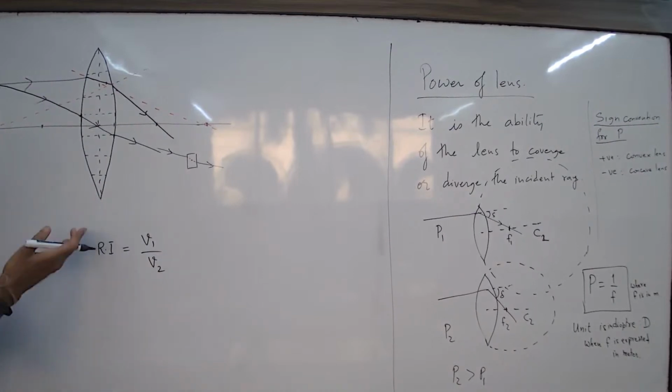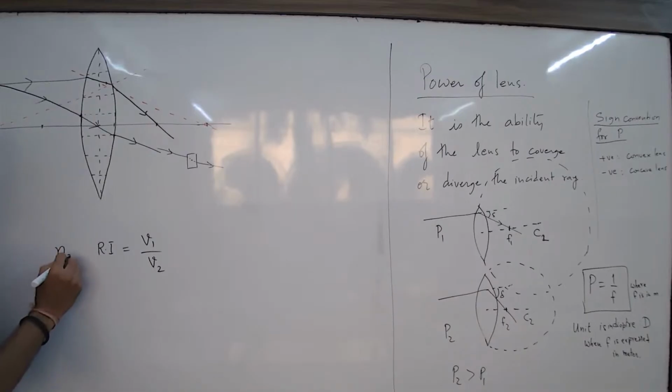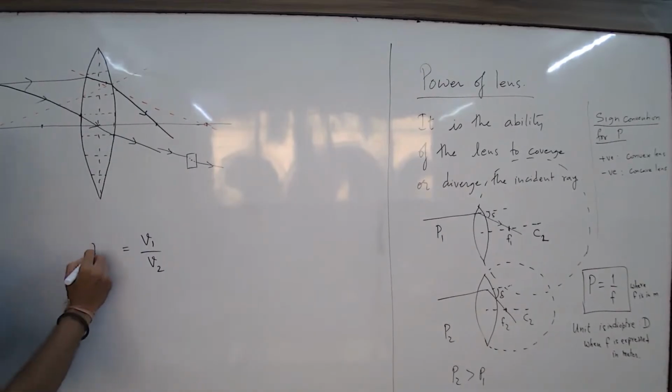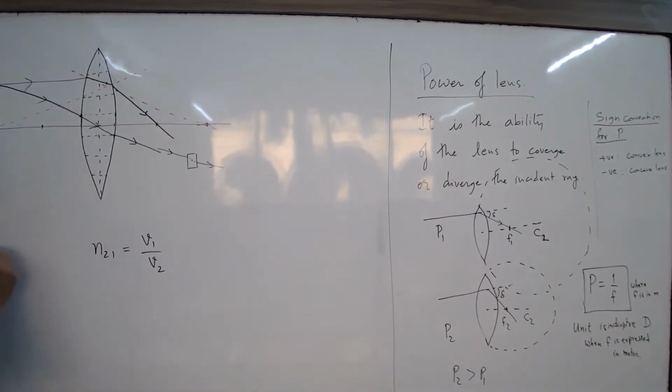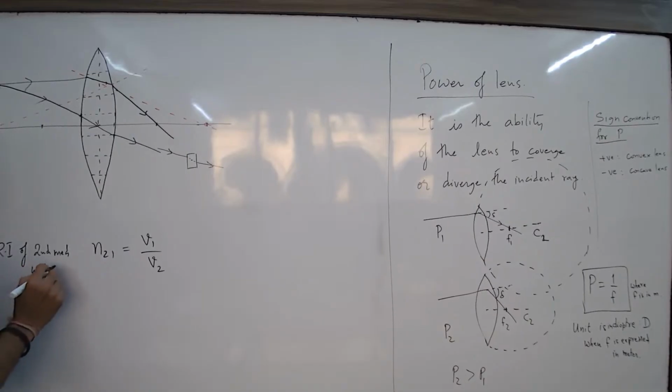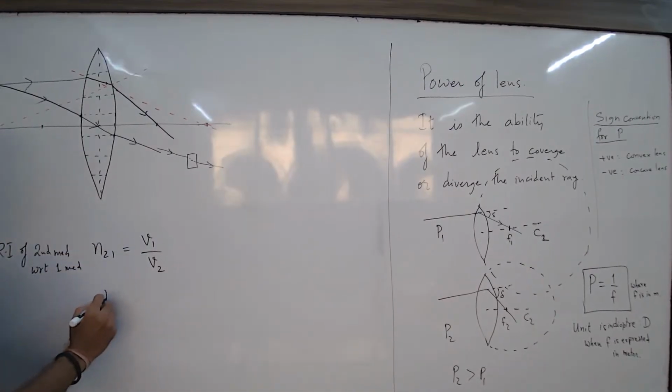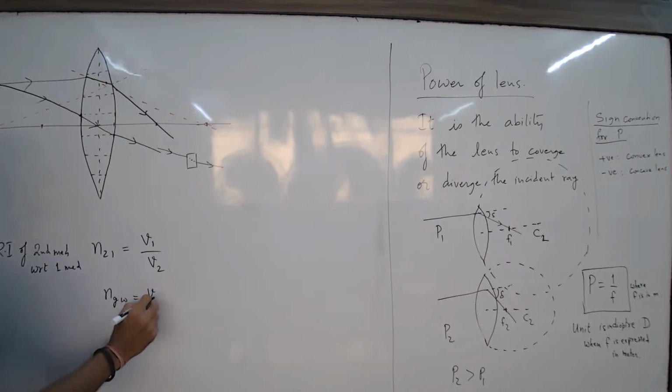We write it as n21. How do we read it? Refractive index of the second medium with respect to the first medium. Let's say the first medium was water and the second medium was glass. Then what will it be?